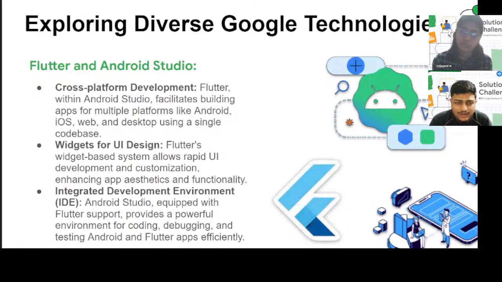It provides a cross-platform development environment with a single code base, right? Android Studio is an integrated development environment which is equipped with Flutter support and support of multiple technologies like Kotlin, Java, etc., which provides a powerful environment for developing and debugging mobile apps efficiently.